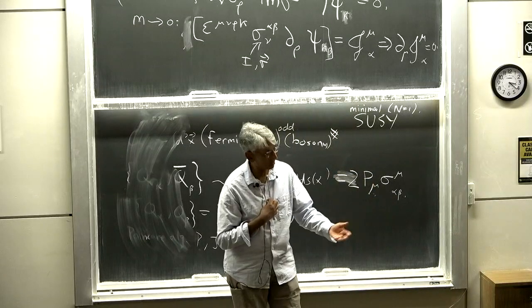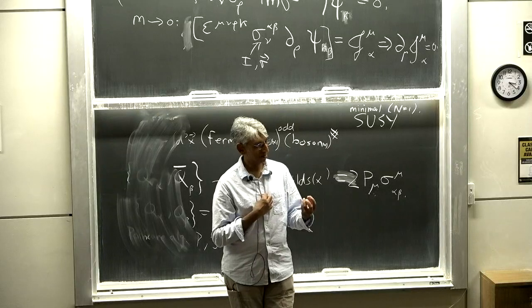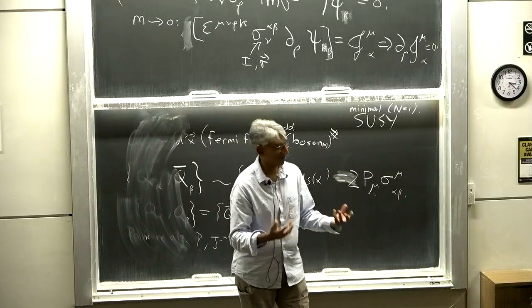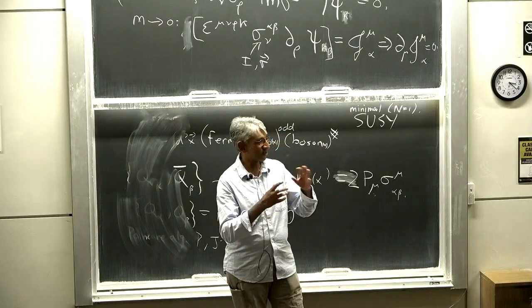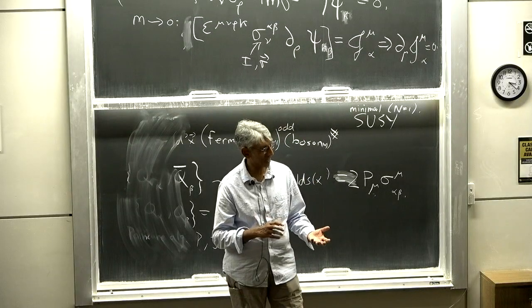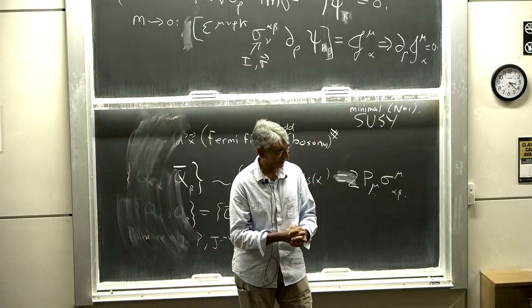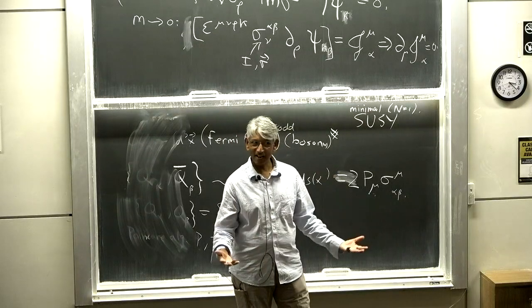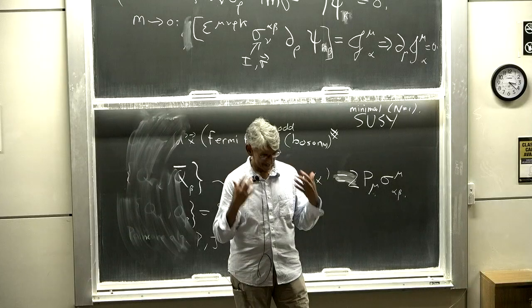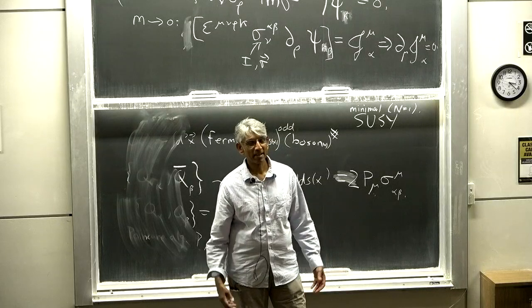Just to give an example, the GIM mechanism is one of the most striking underpinnings of the standard model, which controls flavor-changing neutral currents. It controls how CP violation can appear in the standard model. And it does it in a very tight way. All part of the standard model. You've got to learn it. If you haven't, read up on it. Read Georgi's book. It's got lots on that.